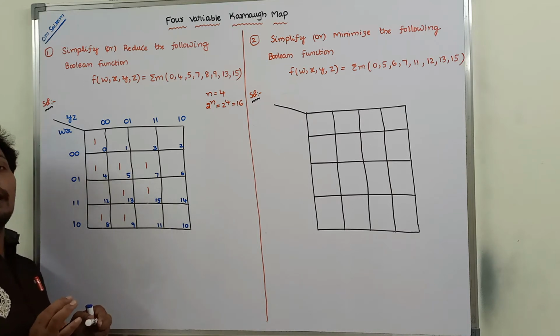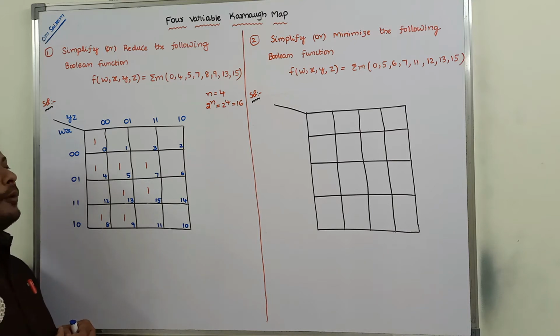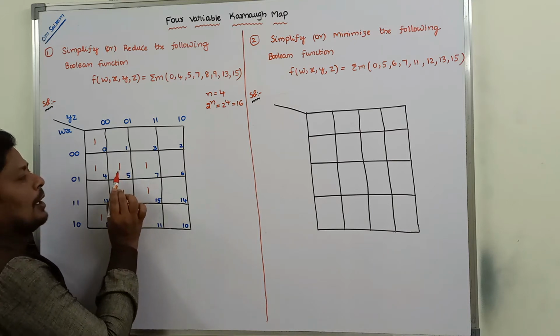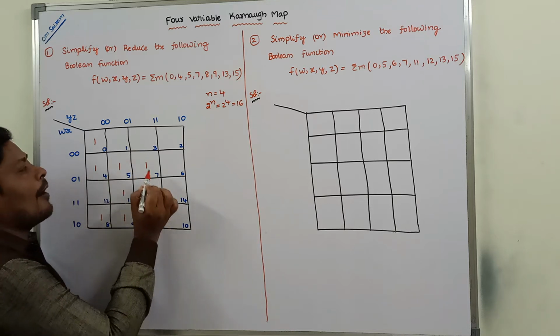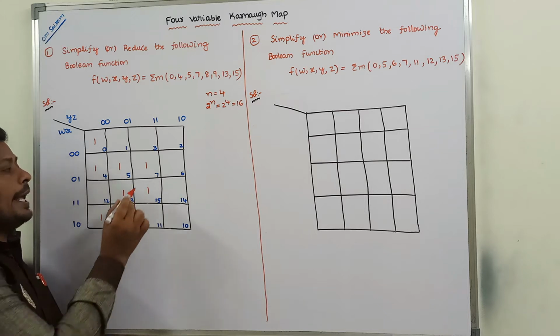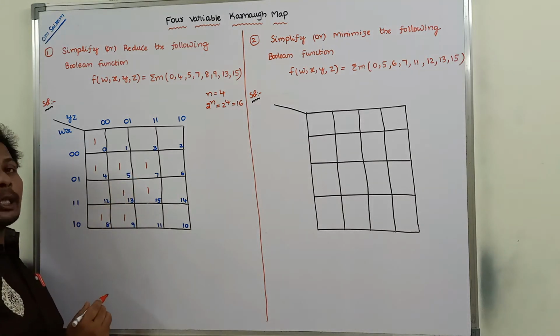Next priority is given to the quad. Quad means adjacency of 4 ones, that means 4 adjacent ones. Here we observe 1, 1, 1, 1. These 4 ones are adjacent, so they can be formed as a quad.